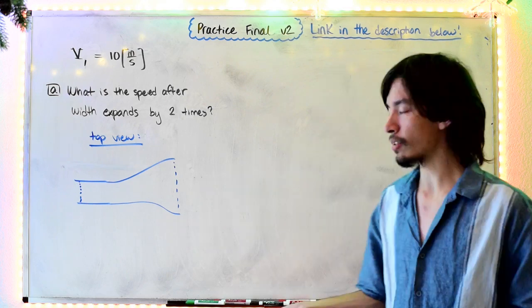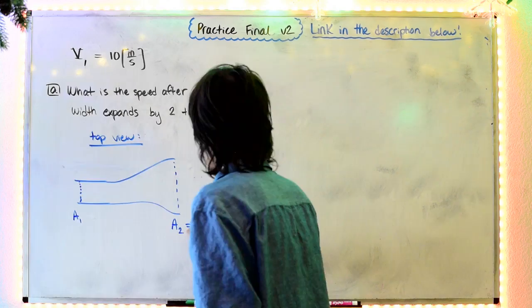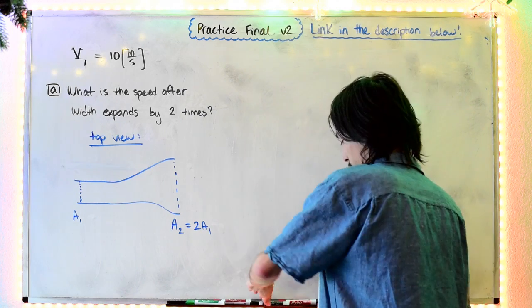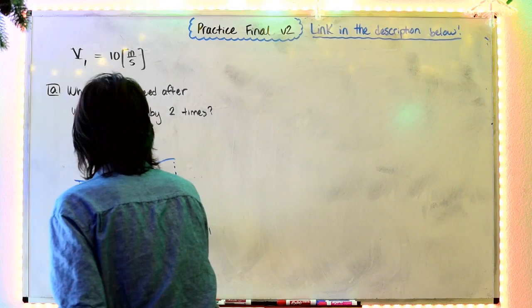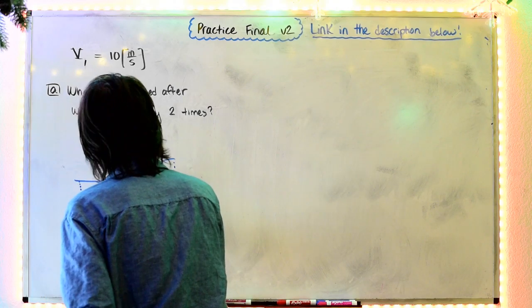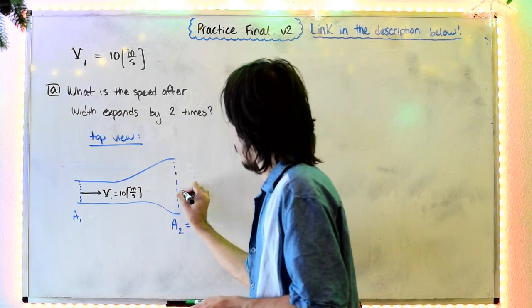Now, we write that this is area 1, this is area 2, which is 2 times area 1. And we have that the speed, the flow, V1 is 10 meters per second. And we want to find what V2 is.